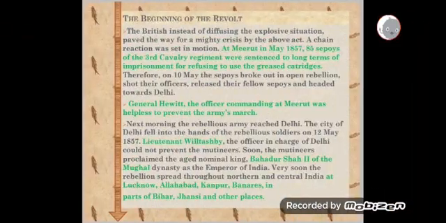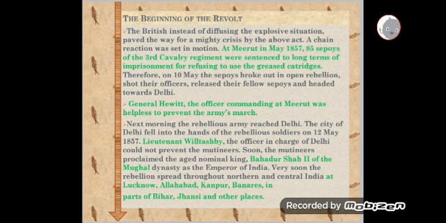Okay. After that, the British, instead of defusing the explosive condition, paved the way for a mighty crisis. By the above act, a chain reaction was set in motion. At Meerut in May 1857, 85 sepoys of the 3rd Cavalry Regiment were sentenced to long terms of imprisonment for refusing to use the greased cartridge.